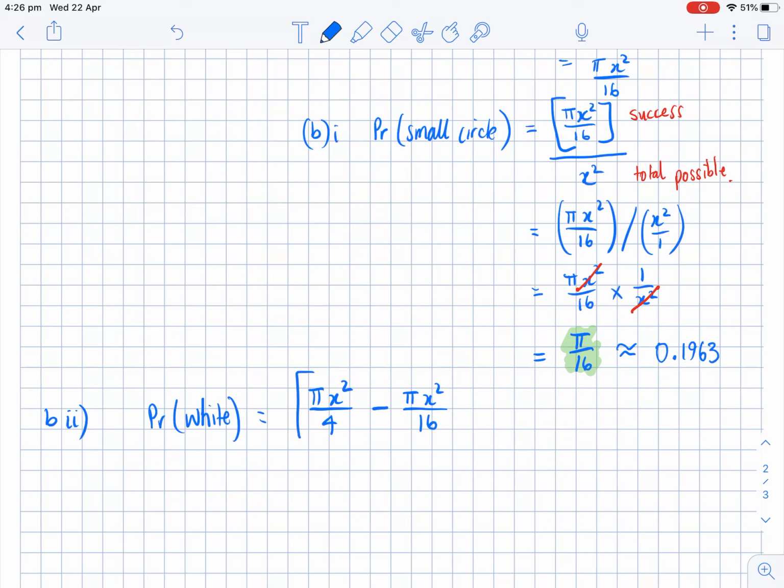So the chances of me being successful to go into the white part is the area of the large circle take away the area of the small circle. And then the total probability is x squared. All right, so now on my top line, I need to put those two bits together, and I'm going to get a common denominator.